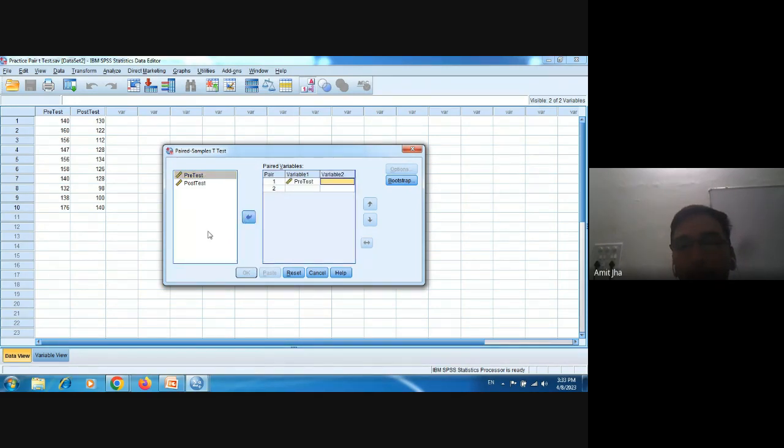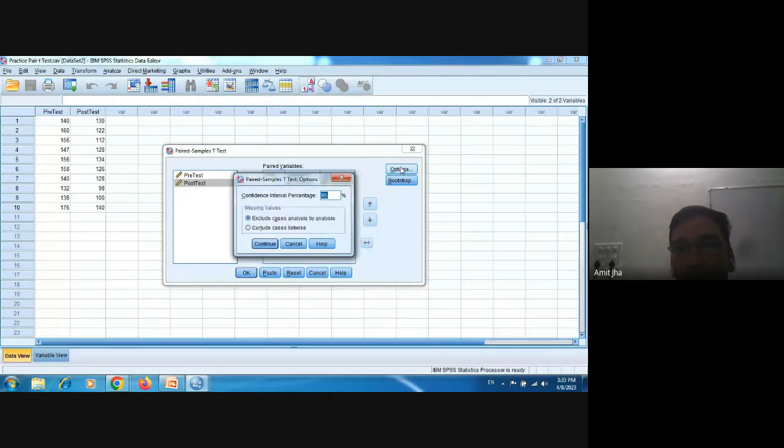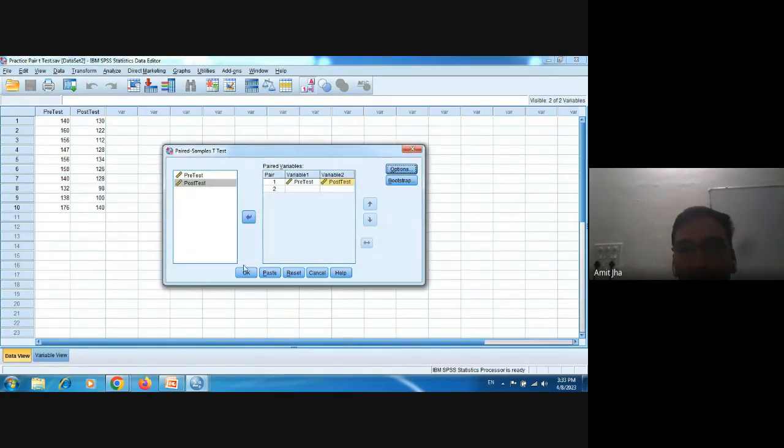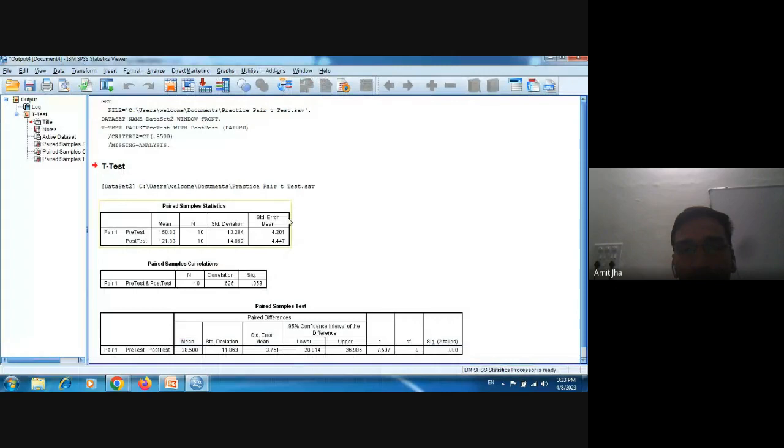So we have selected it. So variable one is pre-test, and the other is post-test. So these are the two values, two pairs which are with us. Now again we have set the confidence interval. We can set it up to 99, but generally we go for 95. So now we will, okay, now the result is before us.